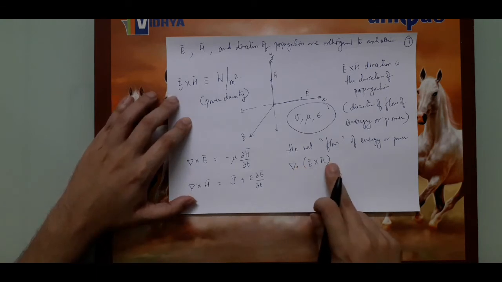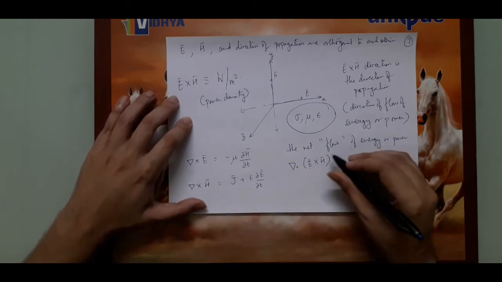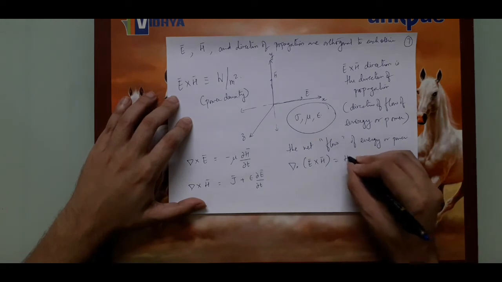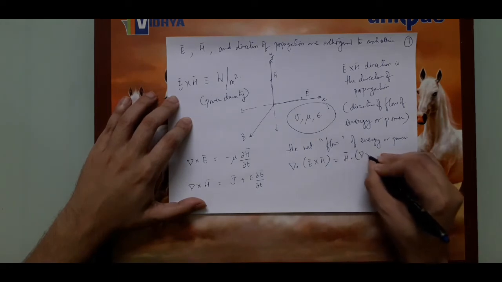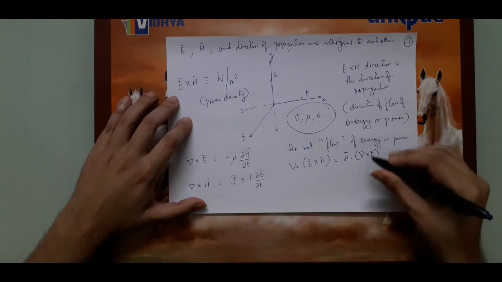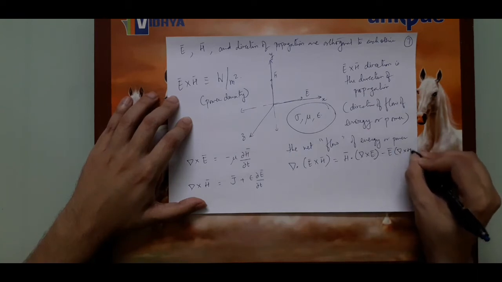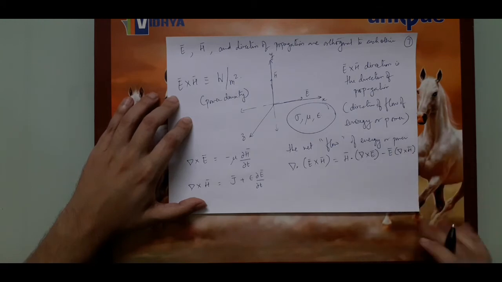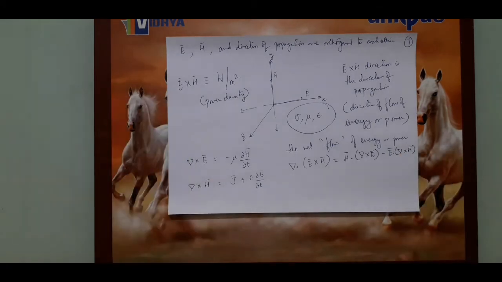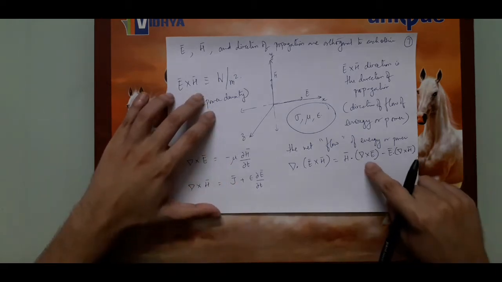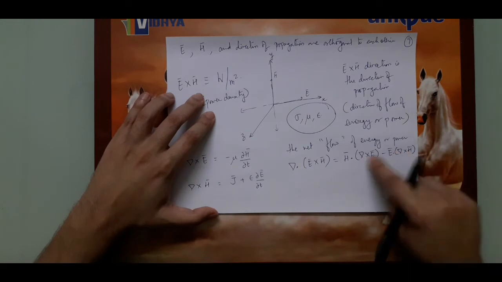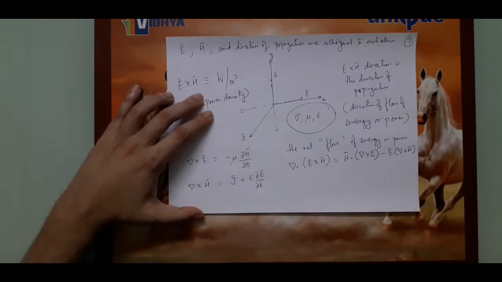So the divergence of a cross product is nothing but this. You can actually prove this. It is very straightforward. So now we already know what are these two quantities because of the Maxwell's equations.